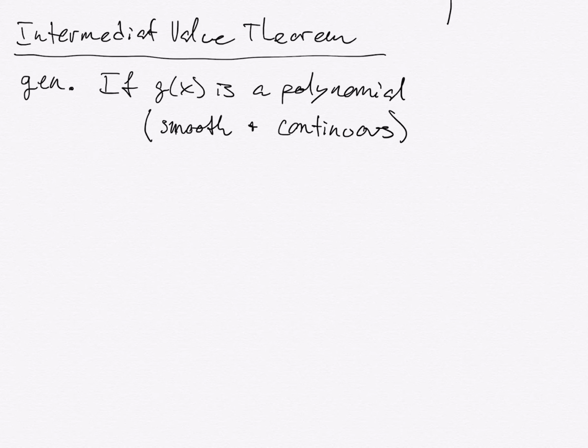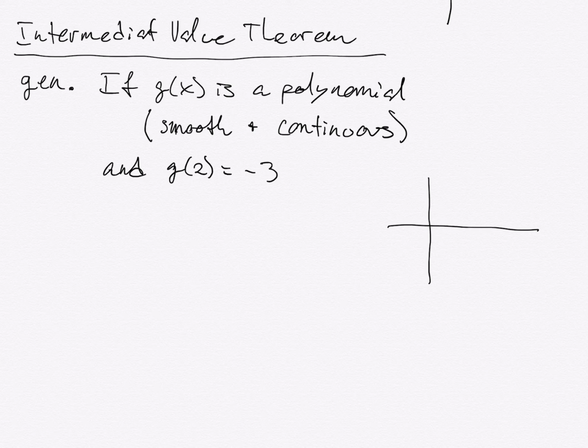In this somewhat generalized conversation, let's assume that we're working with our function g of x and that g of 2 is equal to -3, and that g of 7 is equal to +5.